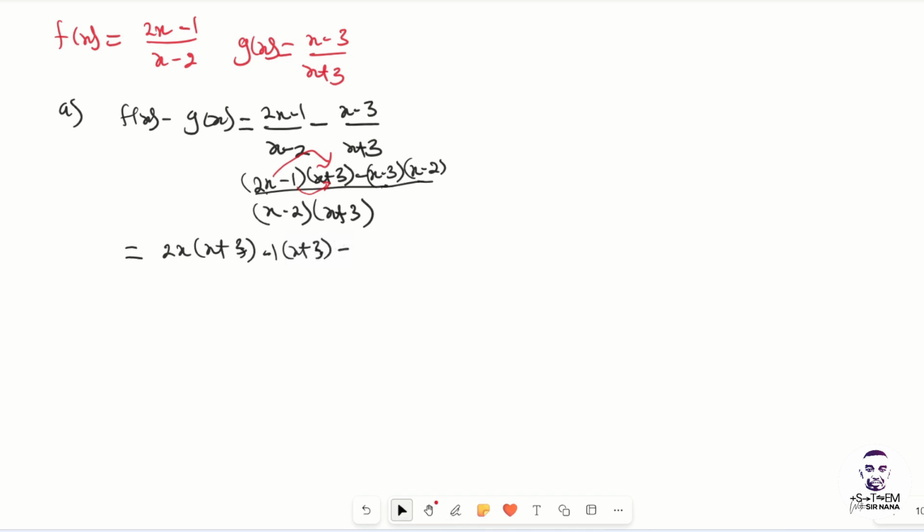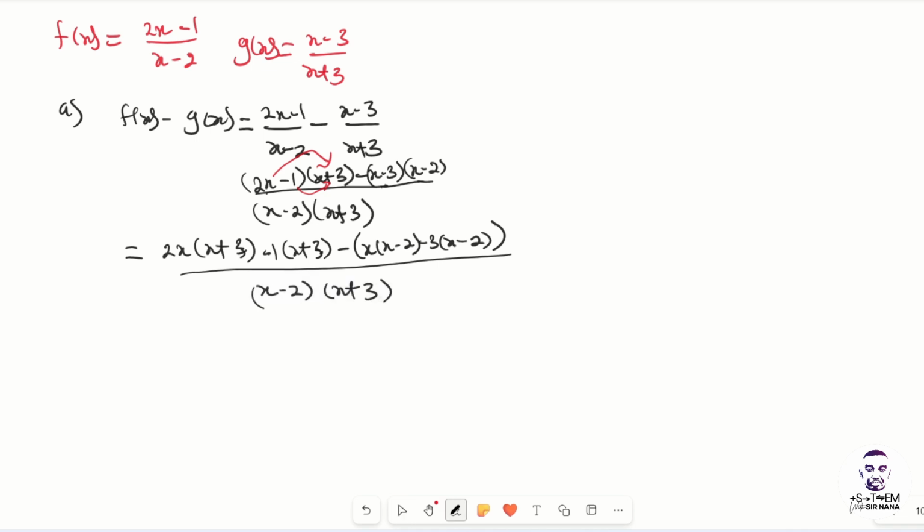And we have minus, brackets x minus 3 multiplying x minus 2. Then we can close the brackets here. And now we have our denominator, which is the LCM, x minus 2 and then x plus 3.